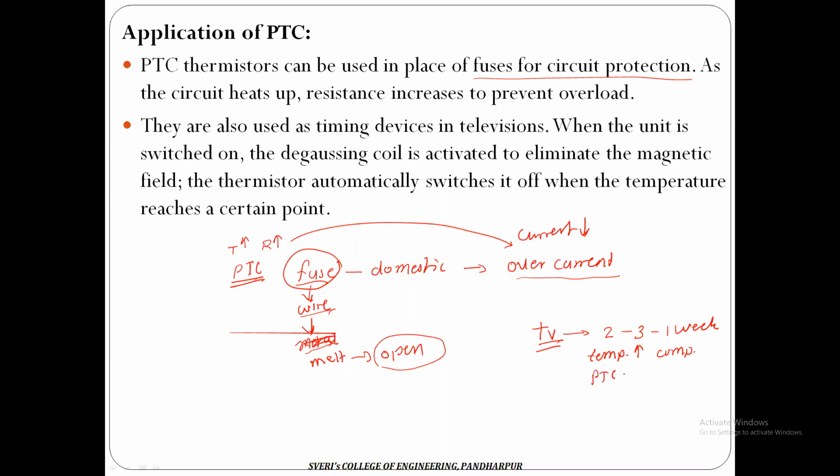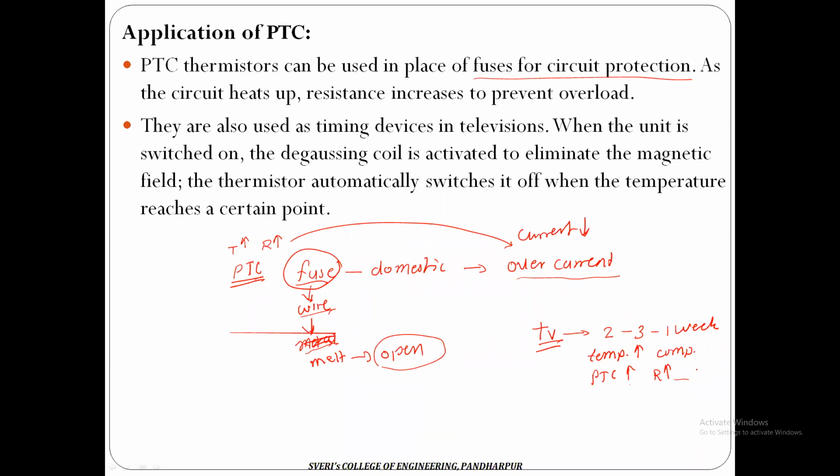आता इथं PTC चा use बघा. If the temperature of the television component goes beyond a certain limit, then definitely the resistance also goes on increasing. आणि जर आपण असं सर्किट तयार केलं की जर टेम्परेचर it goes on increasing after certain limit, then definitely the circuit current must cut.